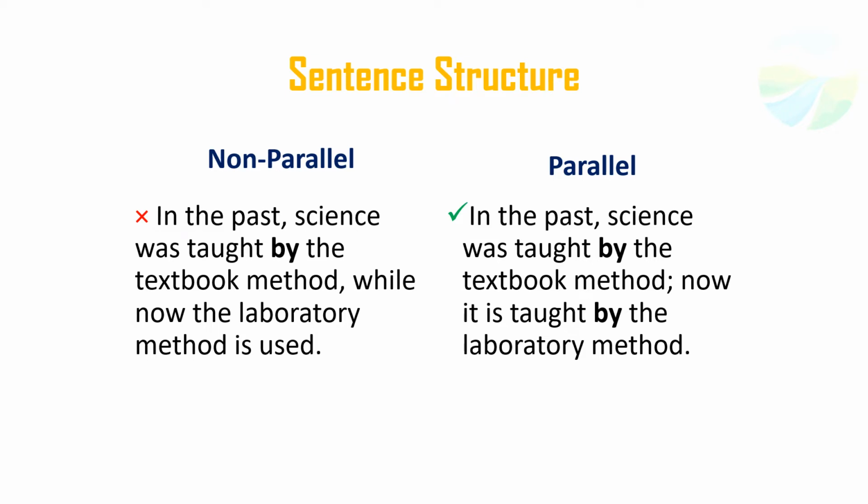It makes it that much more difficult for the reader to absorb the information because of the non-parallel structure. Compare this with the parallel version. You see how both instructional methods are mentioned using the same construction? Which of the two do you think is easier to understand?